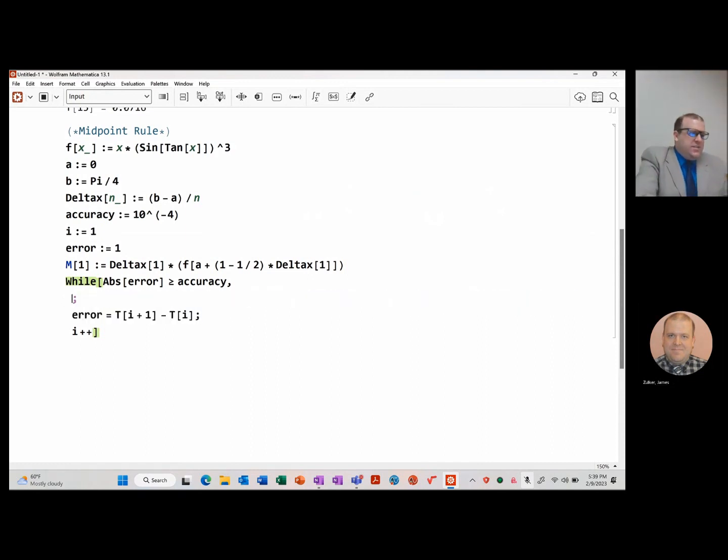The only thing that's going to change is instead of T, we're calculating M. Formula for M was what? It's delta X times the sum of what was it? It was F of A plus 1 minus a half.